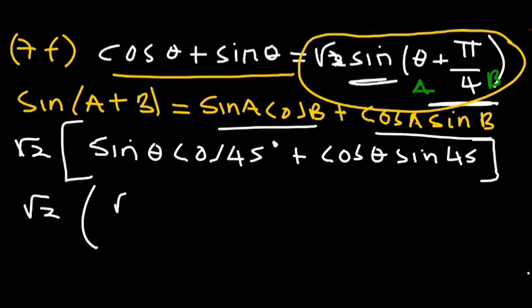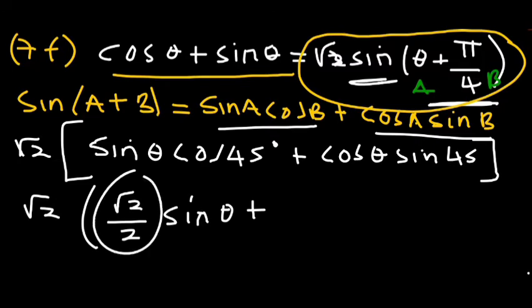So this is the same as root of 2 over 2 times sine theta, plus, what is sine 45? Sine 45 is also root of 2 over 2. You have to know that. So this is root of 2 over 2 times cos theta.